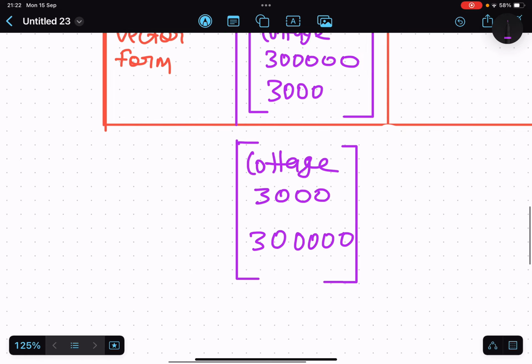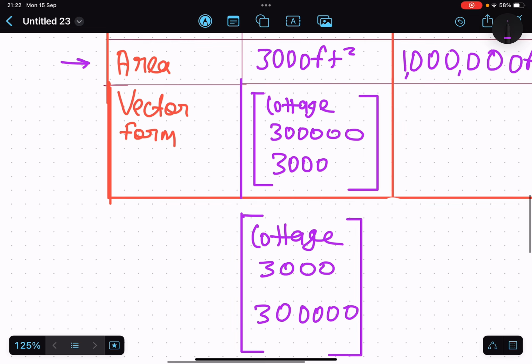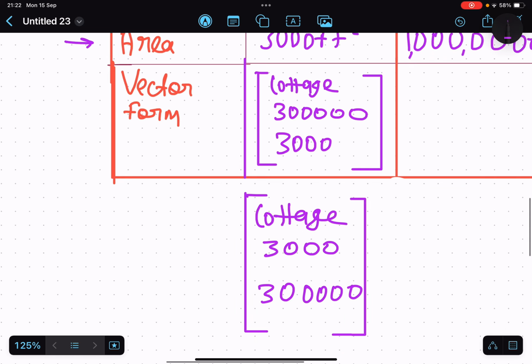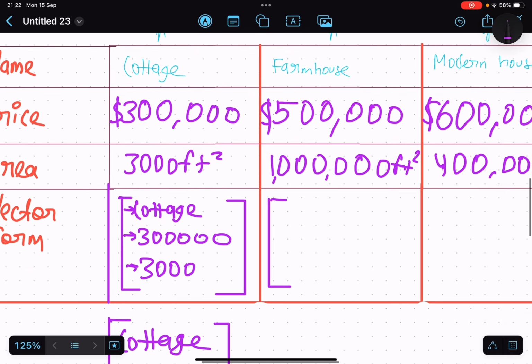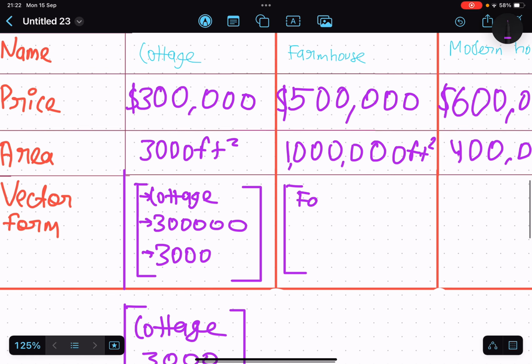If I write the name first, then the price, then the area, on the second vector to store the same data, I need to write it like this: farmhouse, 500,000, and then 1 million. Boom, it's closed.